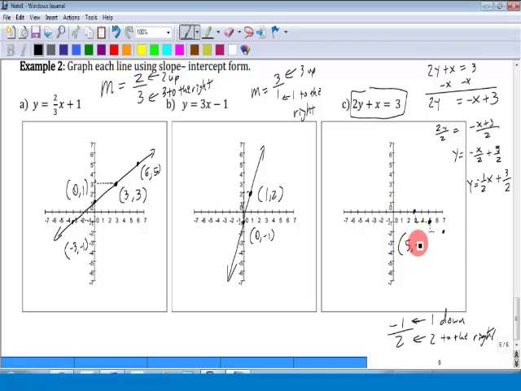Additional points, 5, negative 1, 7, negative 2. And if we wanted to, we could go 1 up, 2 to the left; 1, 1 also is a solution to this. So we connect the dots and we have the graph, and there's that y-intercept, 0, 3/2.